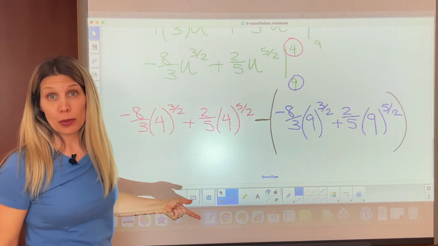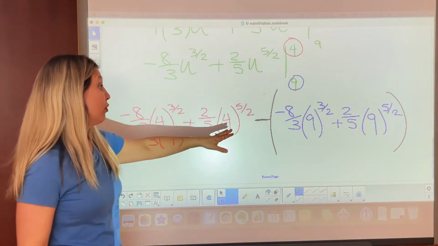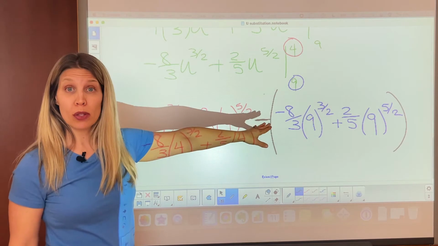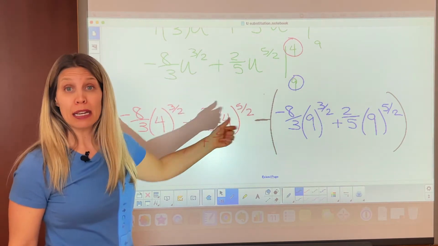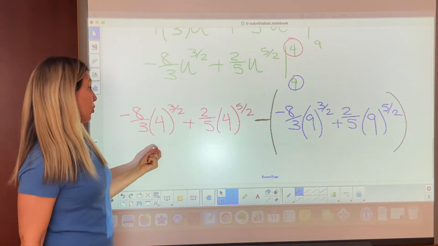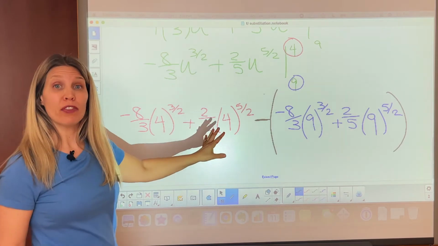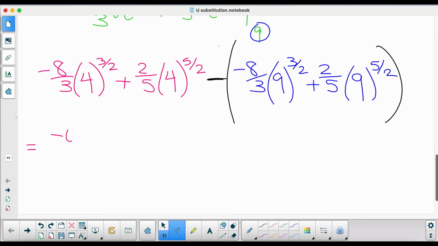Now, this is an algebraic mess. So from here, I would recommend you use your calculator, put this all in. If you want to simplify and distribute that negative sign through first, make sure you do that to help you with your calculations. I would also maybe do each of these calculations separately on your calculator to make it a little easier for you.